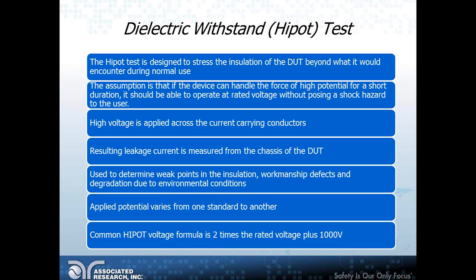So the formula becomes 2 times rated voltage plus 1000, which will be your Hipot test voltage. Again, this varies from standard to standard, so it's always a good idea to refer to standards when setting test parameters for electrical safety tests.